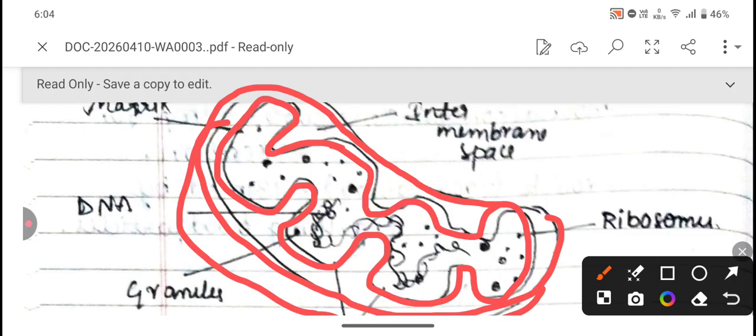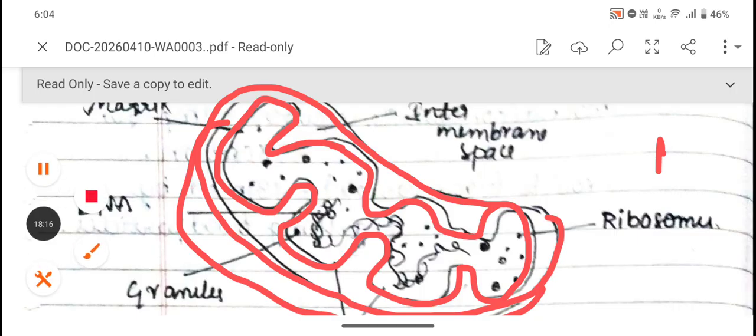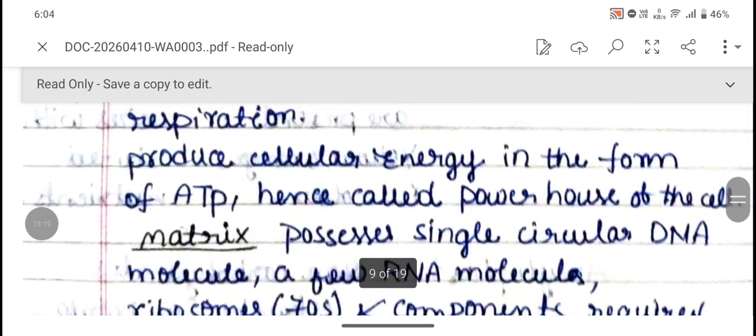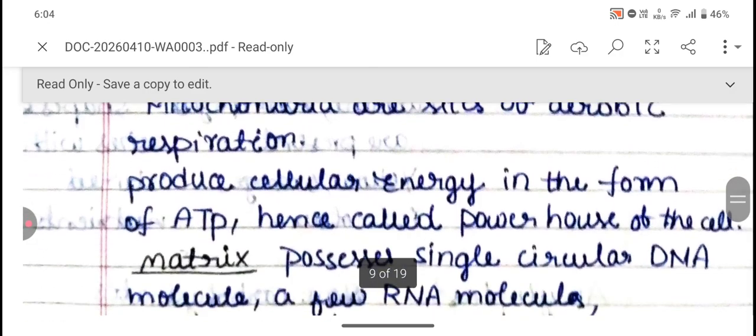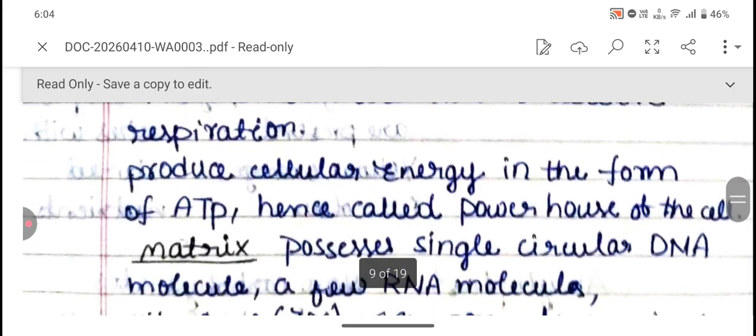The mitochondria consists of ribosomes, small DNA molecules, and matrix. The mitochondria serve the purpose of aerobic respiration. These are sites for aerobic respiration, producing cellular energy in the form of ATP, hence it is called the powerhouse of the cell.